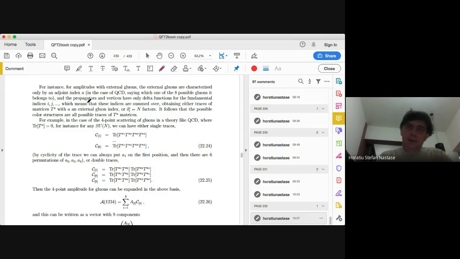In the case of external gluons, a gluon has an adjoint index A. In the case of QCD, we have 8 possible gluons, corresponding to the 8-dimensional adjoint representation of SU(3).